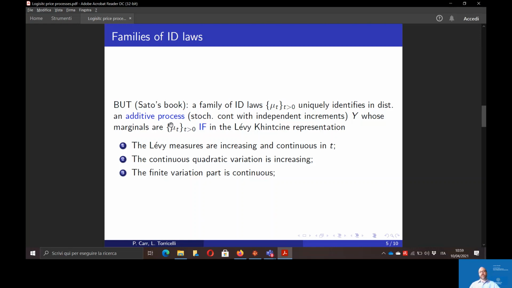An additive process is what you get if you relax the time homogeneity from a Levy process. Okay, and also it turns out that these processes in our specific case are pure jump.